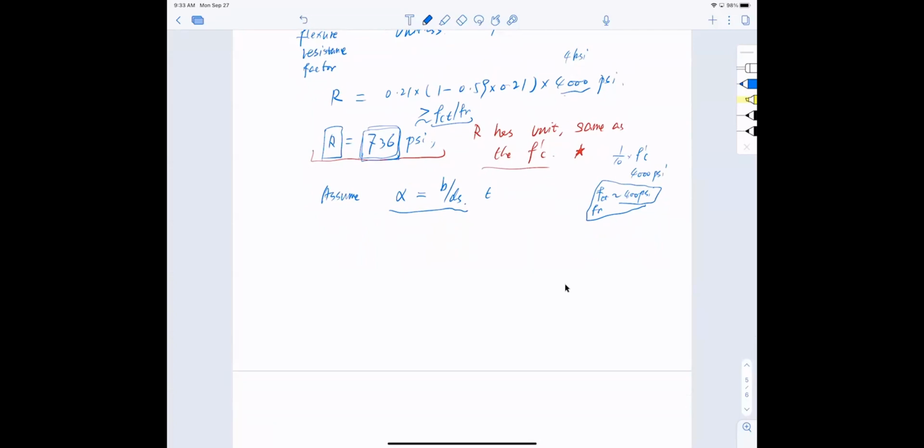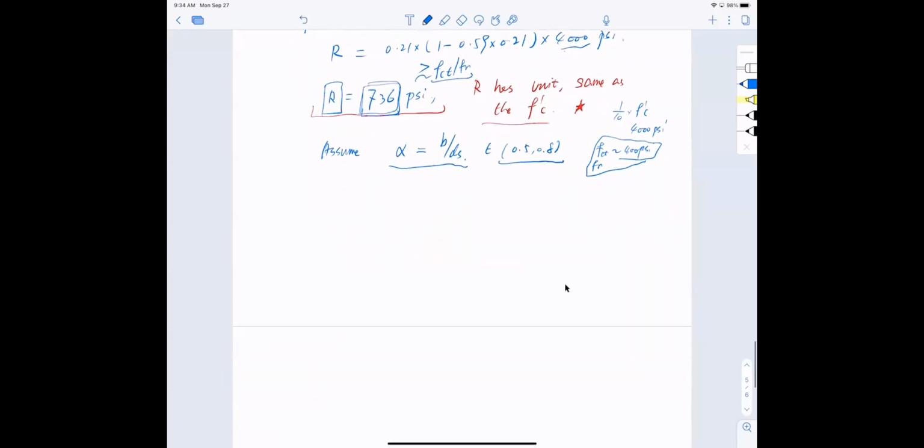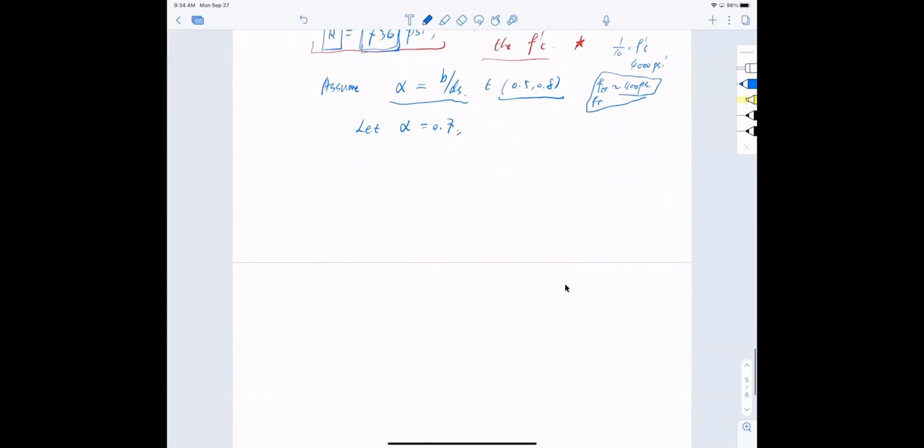Now, alpha has to be in the range of 0.5 to 0.8. And again, this is design practice. Of course, you don't have to follow that, but these are good suggestions. So I'll pick a number and say let alpha equal 0.7. Why? I like 0.6, 0.7.